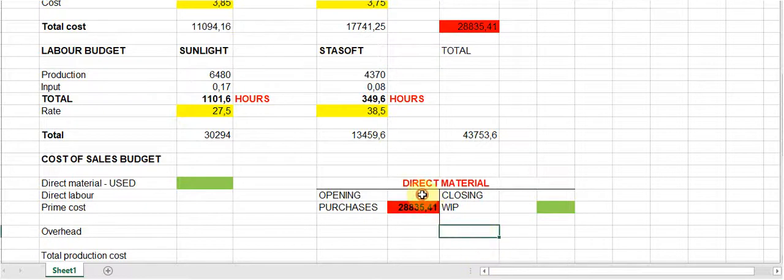All right, then we need to calculate the opening stock and the closing stock value that we have available. So let's quickly do that.